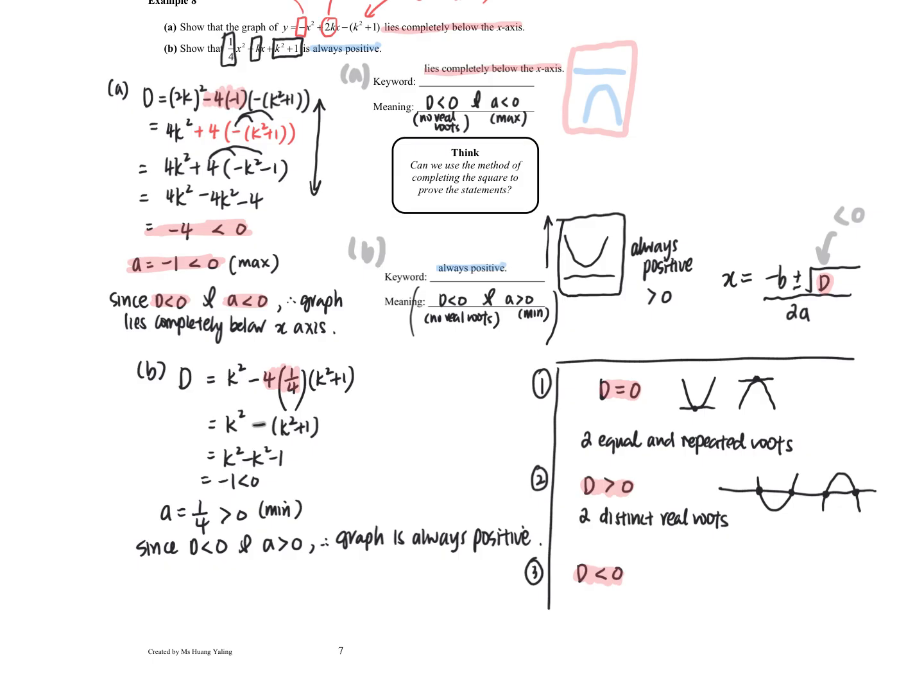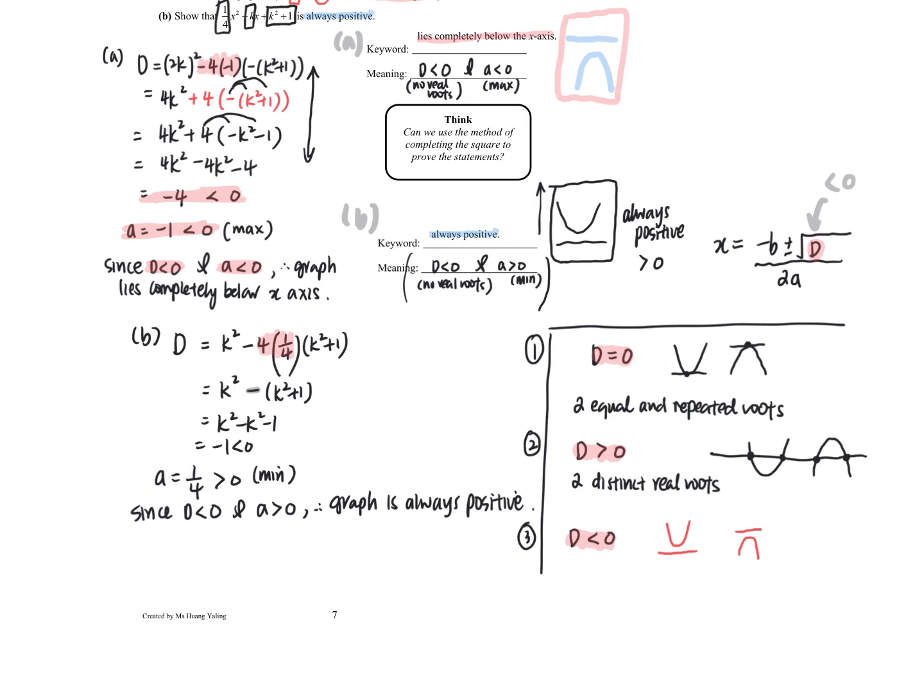Your square root of a negative number returns a math error. No solution that is real. Okay? So you cannot find any solutions, which means your curve either lies above or below, because it doesn't cut the x-axis. That's why you have no real roots.